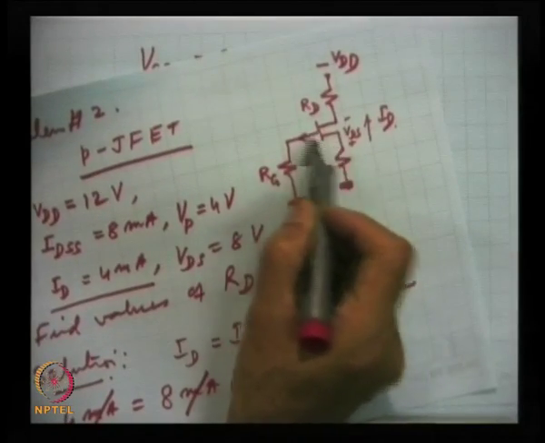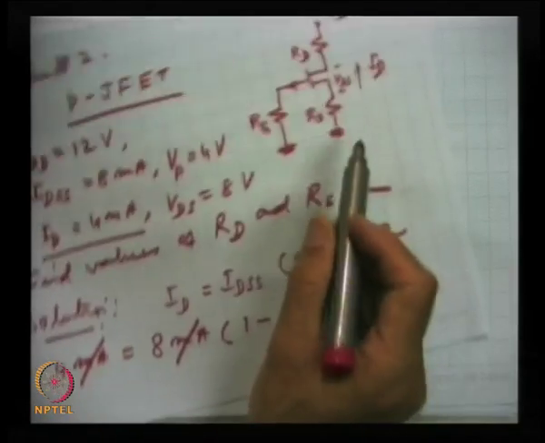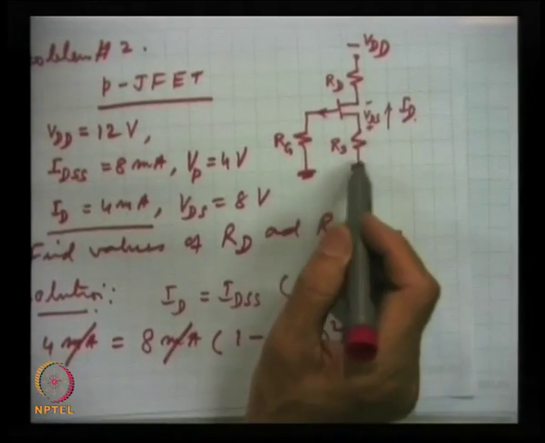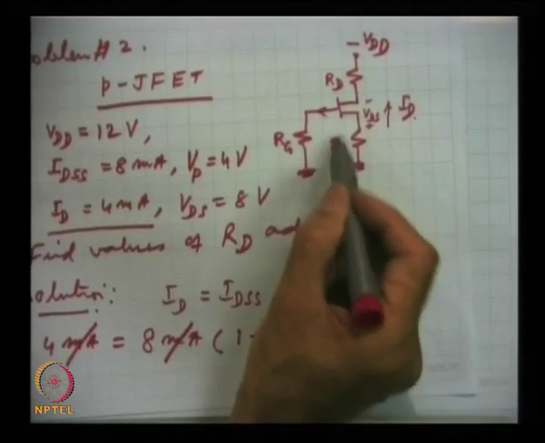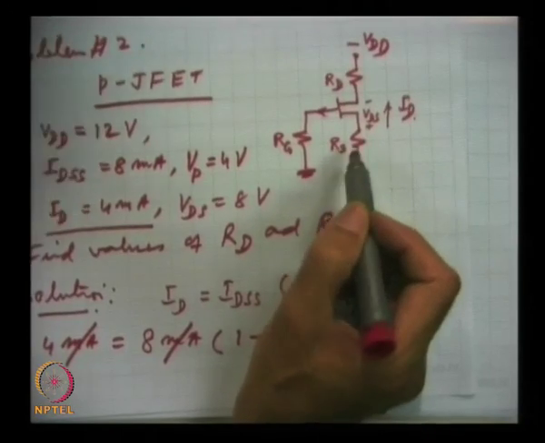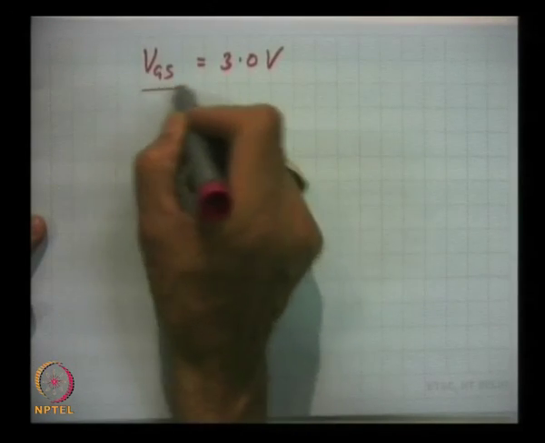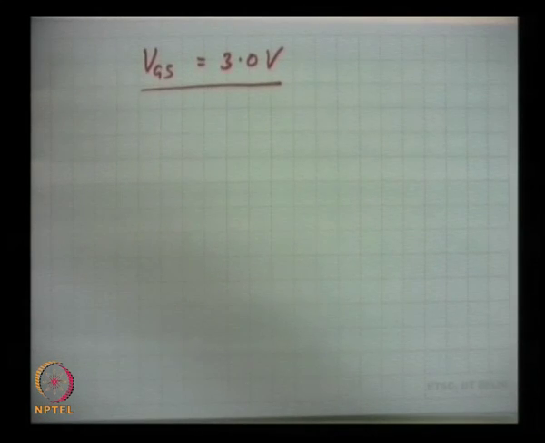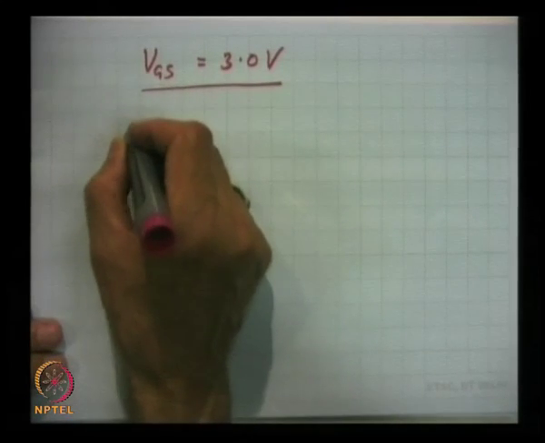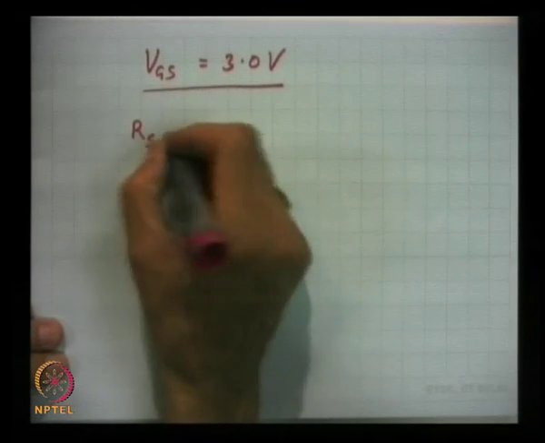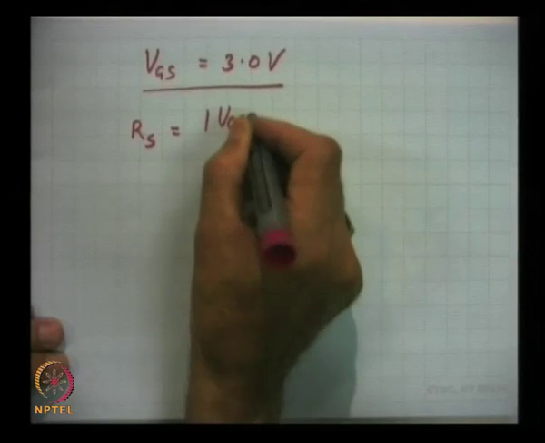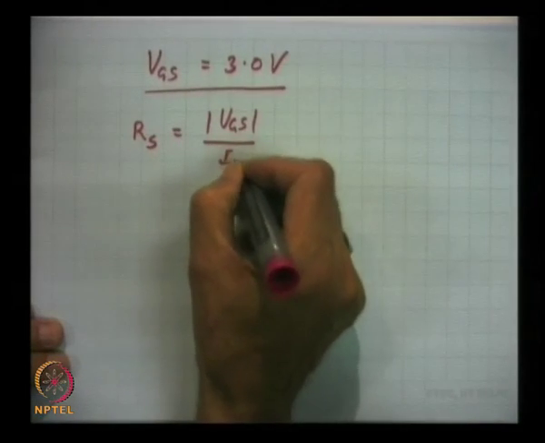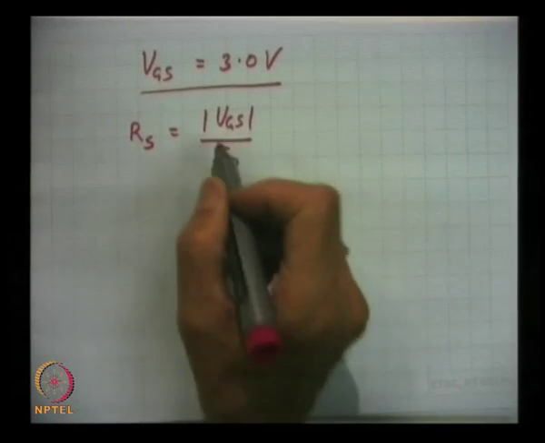VGS is 3 volts, and you will remember that it is a self bias circuit. So, this 3 volts is to be provided by this resistor RS. Once we know VGS is equal to 3 volts, then we can get the RS resistor equal to the magnitude of VGS by ID, that will give the value of resistance.